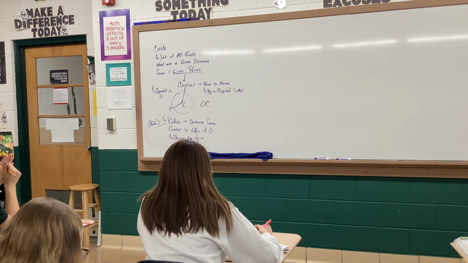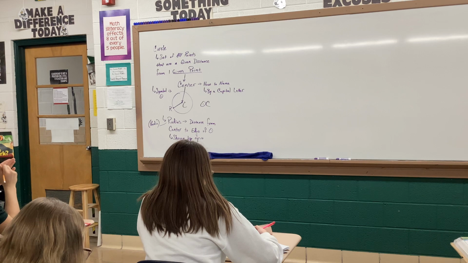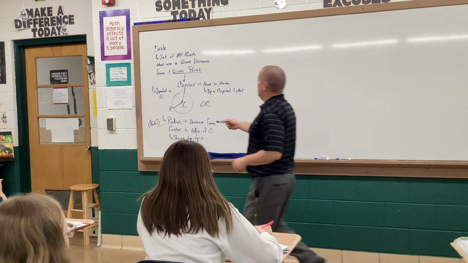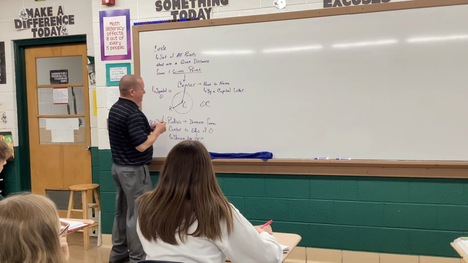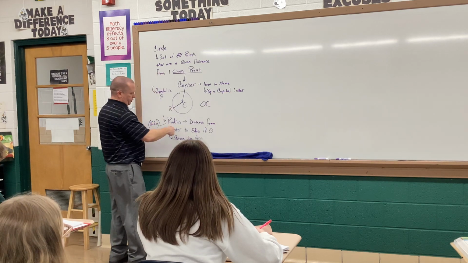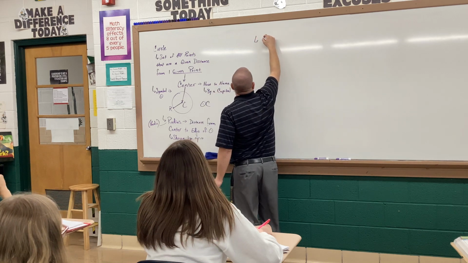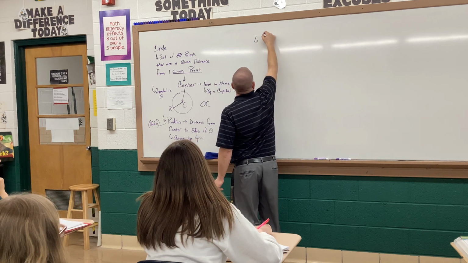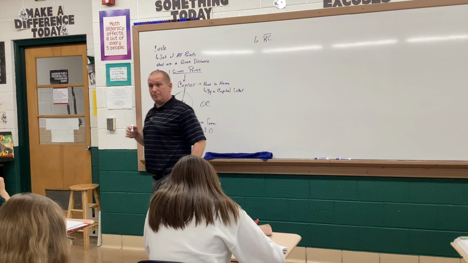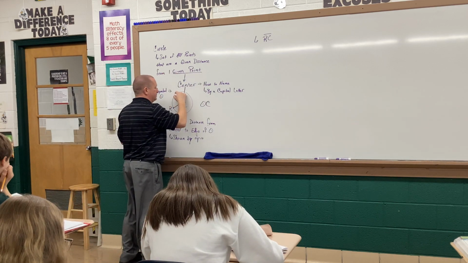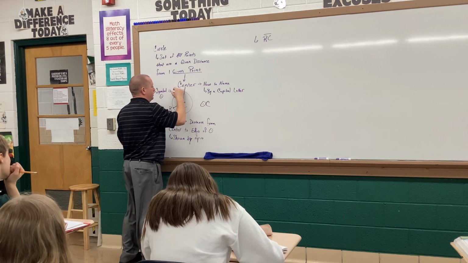Okay? What do you know about radii in this circle? So if I call this one RC, obviously it's a segment, so we're still going to write it as a segment. So you need that little bar over top of it. Okay? If we keep putting more in there, it doesn't matter what we call it, right?